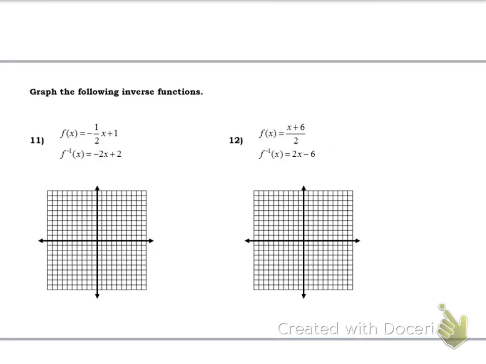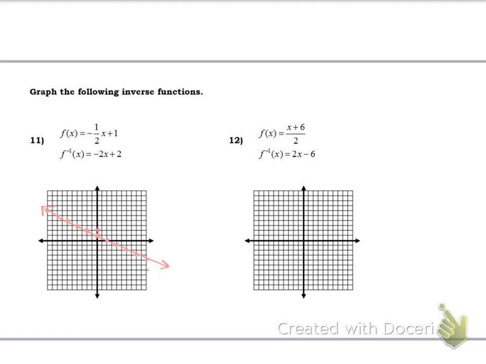Okay, what does it look like with graphing? So if we graph our first one, I got it starting at positive 1, and then it goes up 1. To keep them negative, I have to go left 2, or down 1 to make it negative, I need to go right 2. Okay, the inverse equation of it, I start at 2.